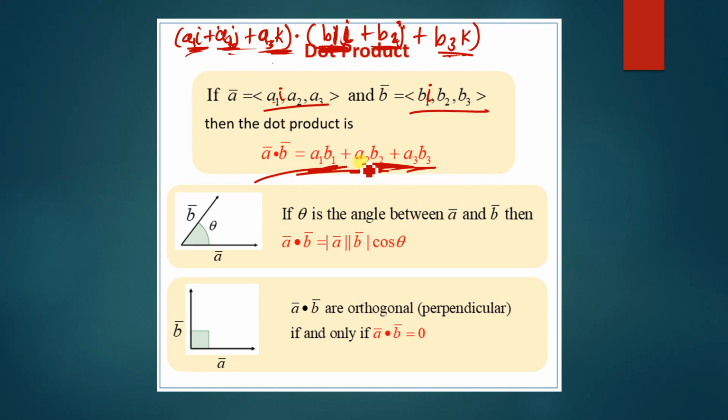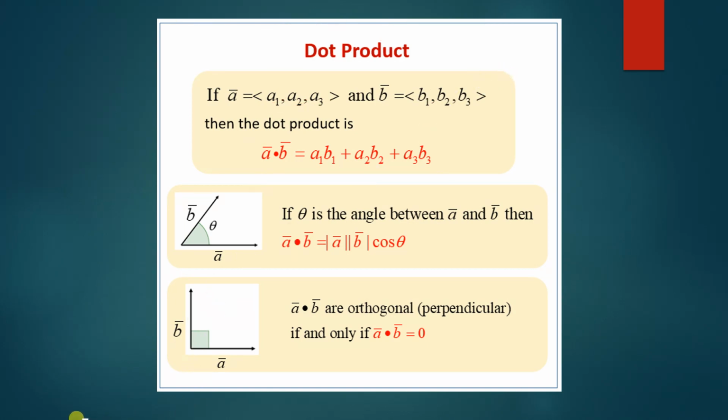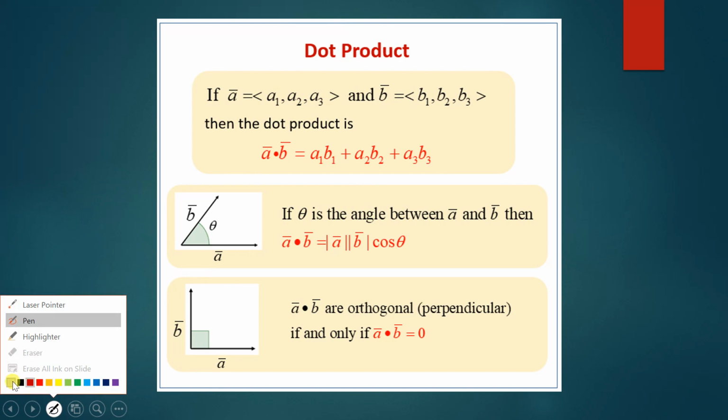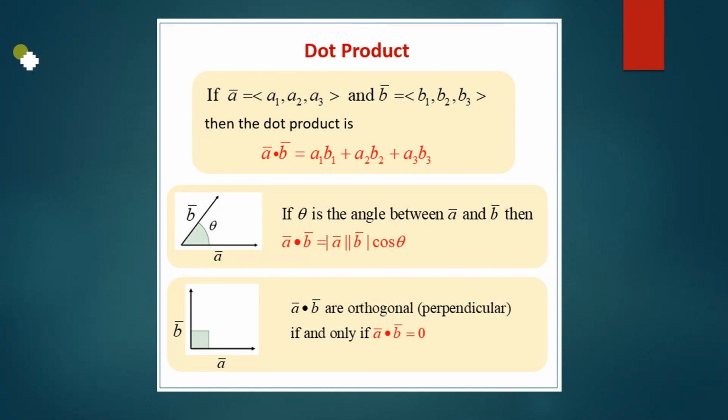Alright, so this is how they came up with this equation. So a dot b is just given by that. For instance, if you've been given two vectors, let me give you an example. Let's say you have vector a as 2i plus 3j, and vector b as 5i minus 2j.